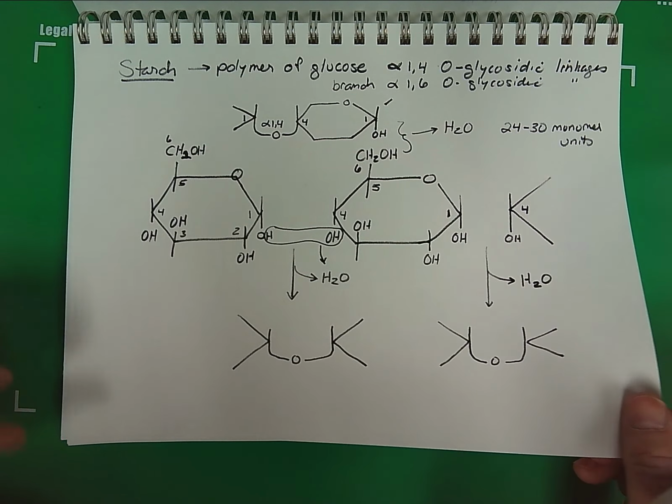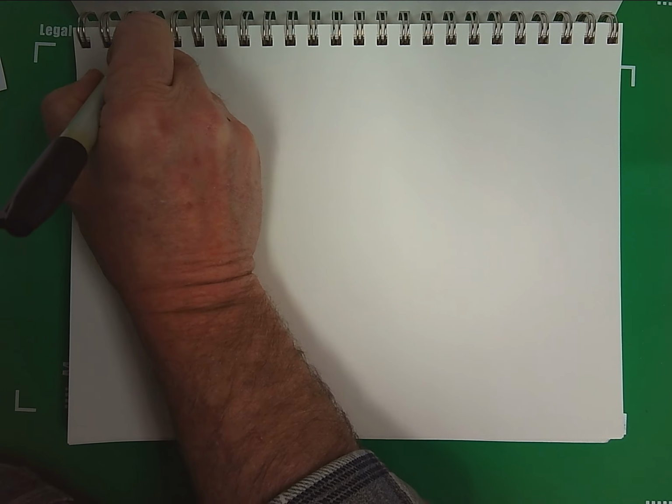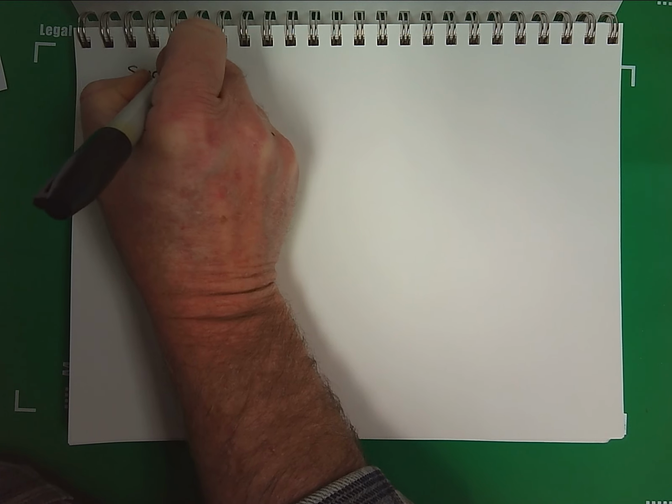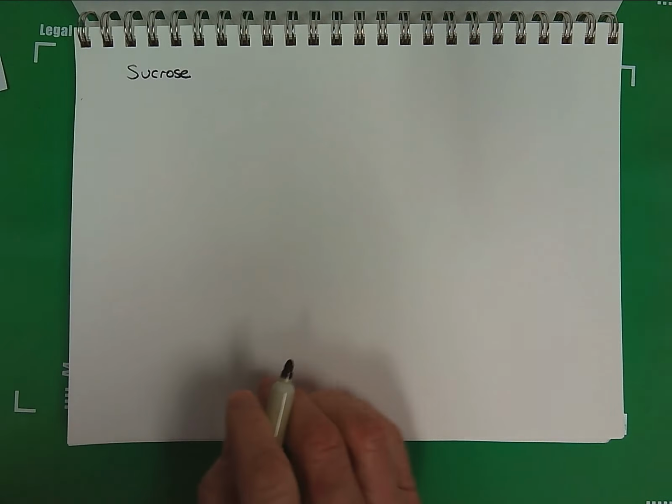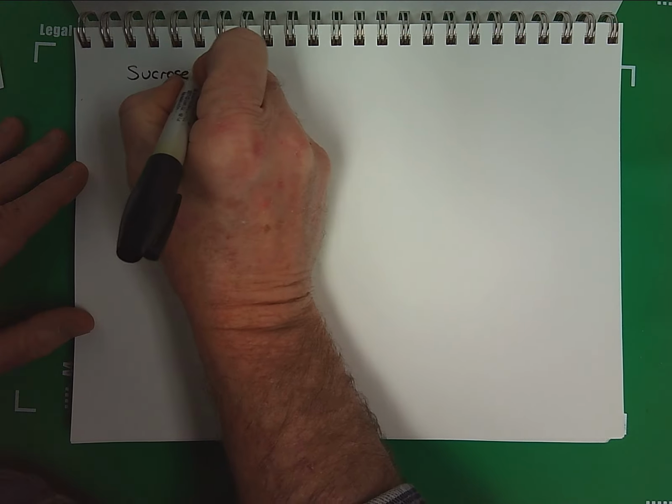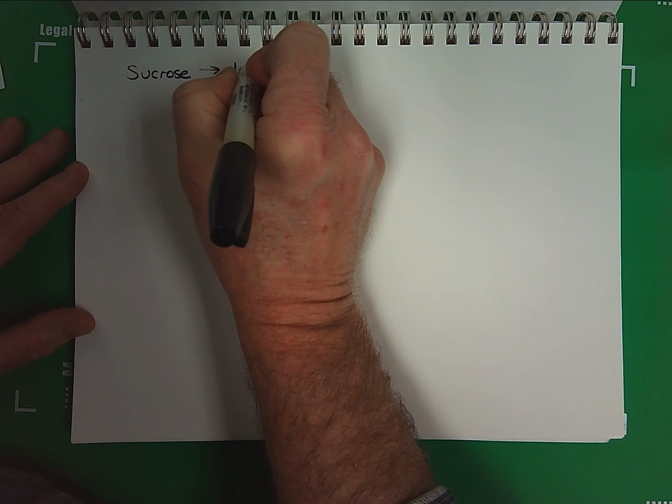But there are a couple other molecules of carbohydrate in our diet we need to consider. The first one we can talk about is sucrose. Sucrose is a disaccharide.